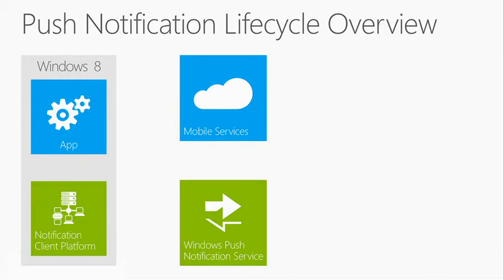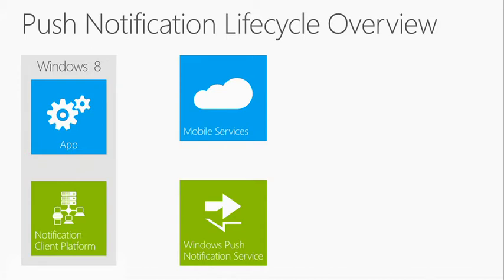The one on the left, the notification client platform, is responsible for rendering your tiles and your toast notifications. The Windows Push Notification Service is a service that will deliver notifications to your target clients. And the blue bits are things that we have to go and program as developers.